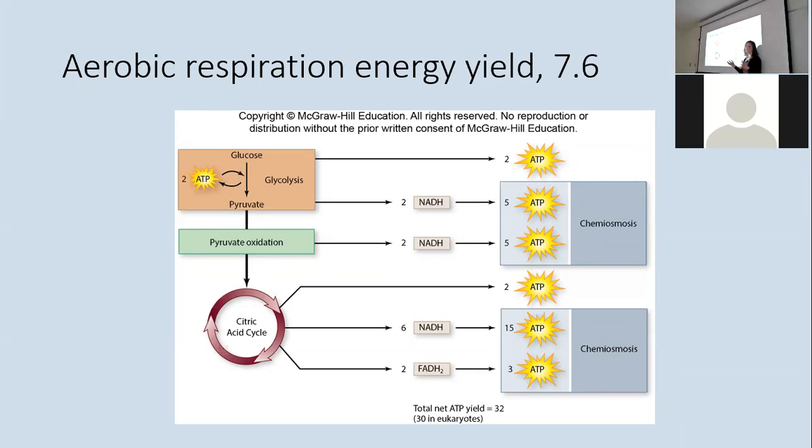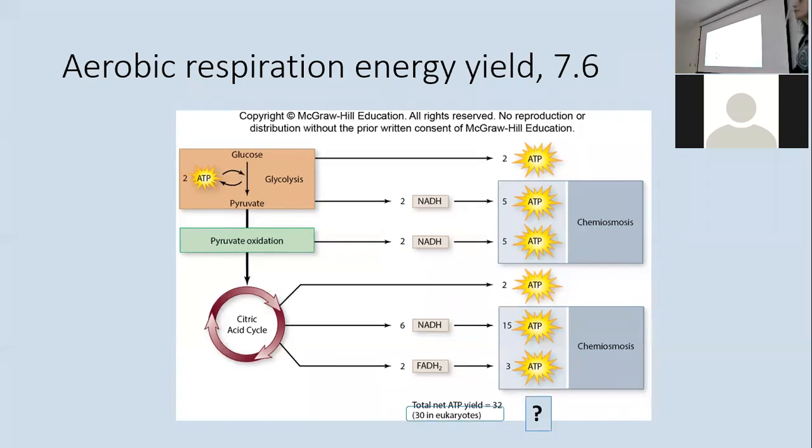It's just being precise with my words. We net 32 because we made 34, but we had to spend 2 in glycolysis, so we get 32. Now, just to kind of add one more layer of annoyance and complication, in eukaryotes, we actually only net 30.